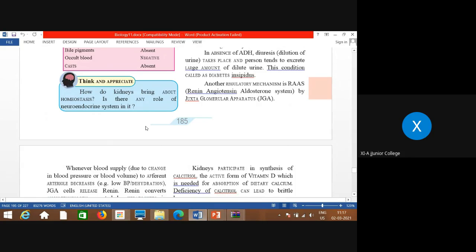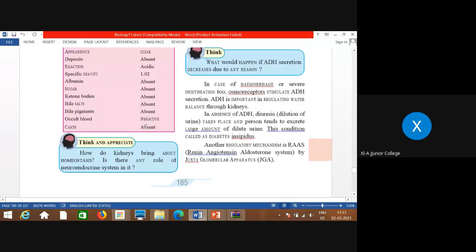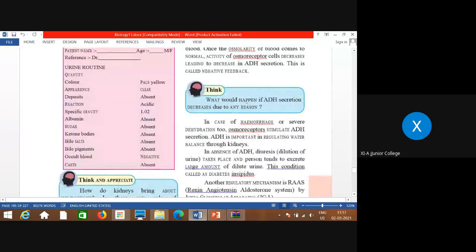This is what is called RAAS. So by two ways, this maintenance of pH and ions by the kidneys takes place. One is by ADH activity, in the DCT and CT region by maximum reabsorption of water and ions.